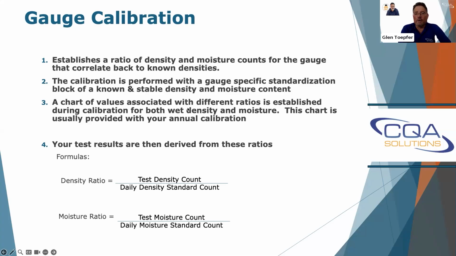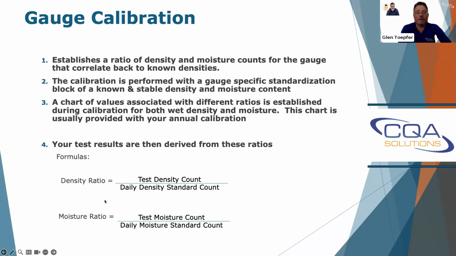And it'll give you a chart. Your calibration gives you a chart with different ratios that pertain to different densities for both your wet density and moisture. Then you derive your test results from these ratios. And these are the formulas here. For the density ratio, the test density count is divided by the daily density standard count.